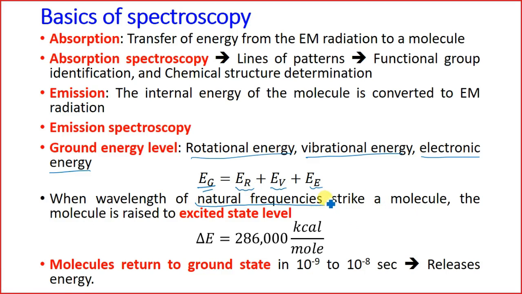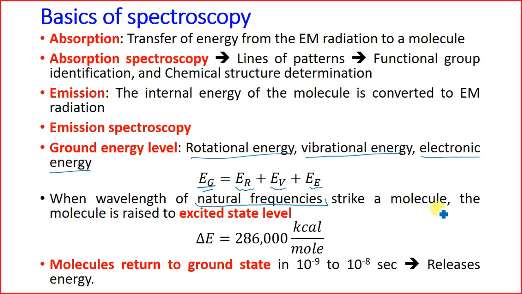I told you that the matter may have a liking for a particular energy or particular frequency photons. That frequency for which the matter has a liking is called natural frequency. A molecule may have different liking for different frequency photons, and hence they are regarded as natural frequencies.